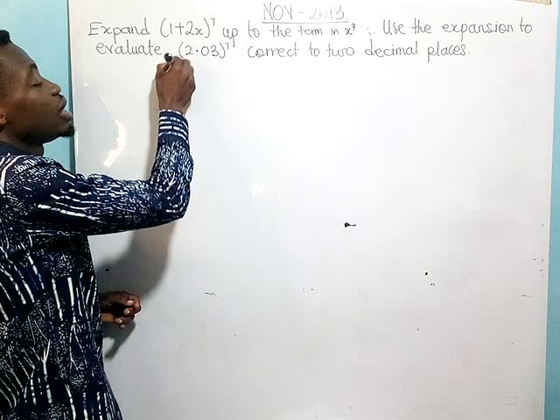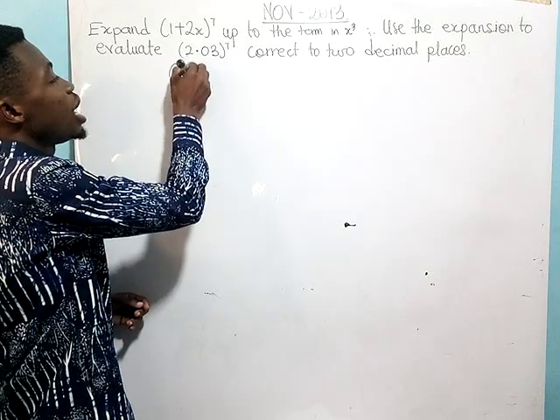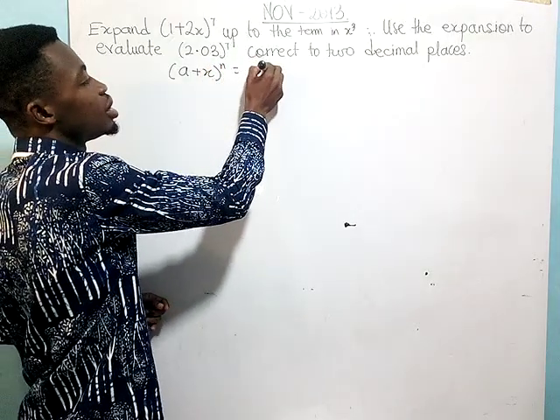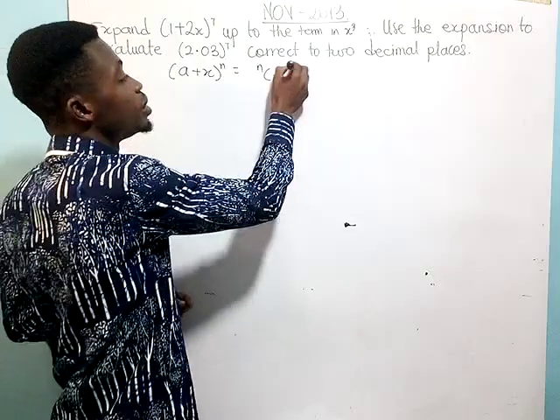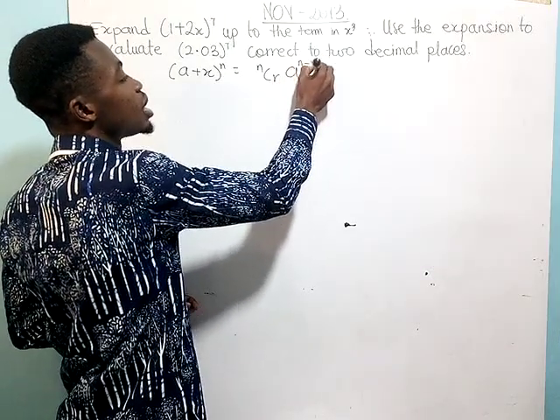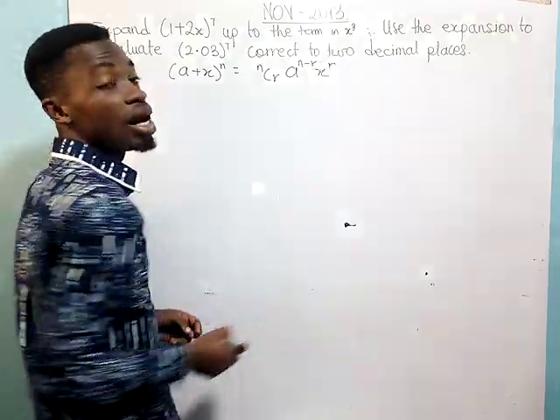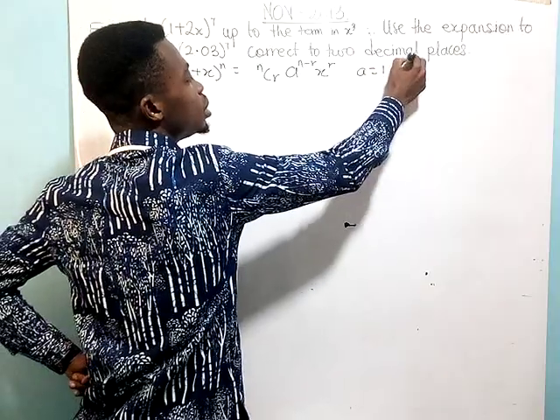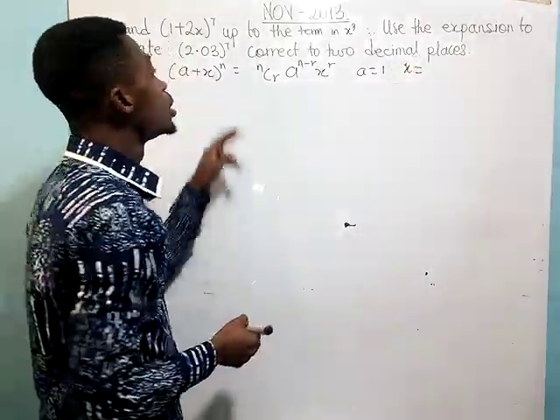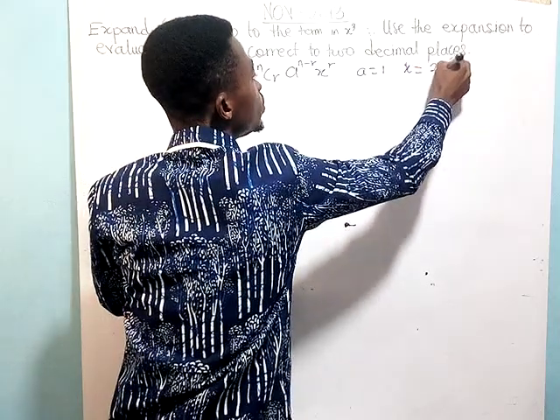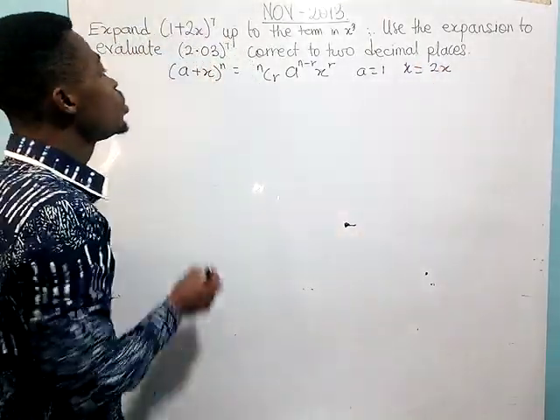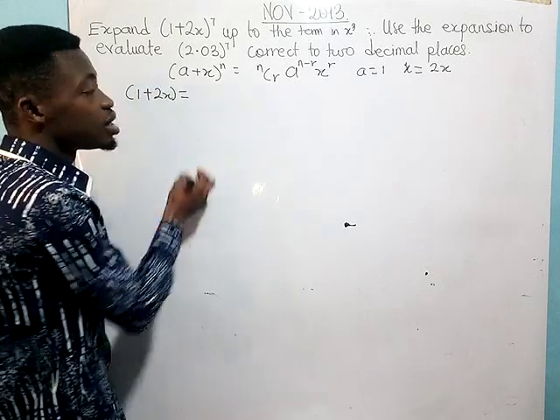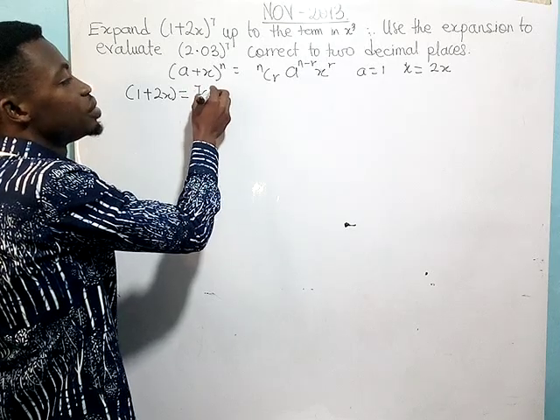We know that using combination, if we have (a + x) to the power n, the general term is n combination r, a to the power n minus r, then x to the power r. From this question, our a is 1 and our x is 2x. So 1 plus 2x to the power 7 is going to give us 7 combination 0.